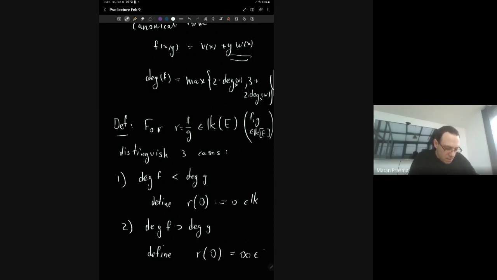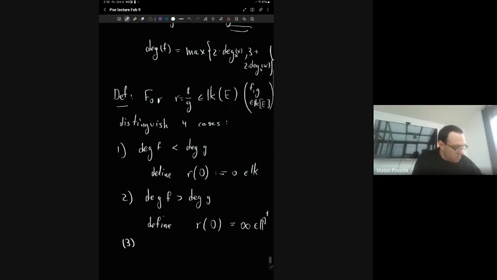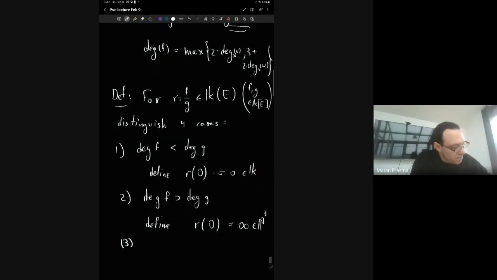This is in the projective line. Actually, I have 4 cases, not 3. Or maybe, yeah, 3 cases, but 2 cases here.